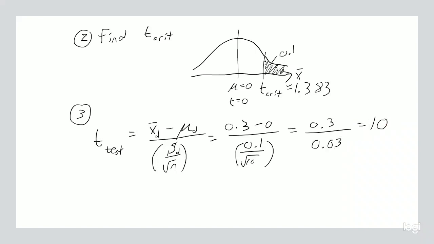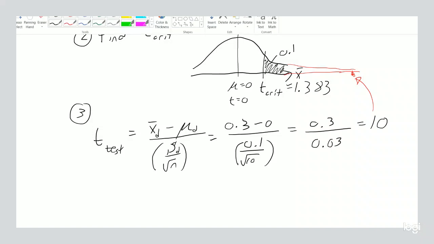So if you went for 3 decimal places, you might have a slightly different number. But in any case, you're going to have a number, if you did it right, that is much, much bigger than that cutoff value, than that critical value. So we are in the rejection region, so we're definitely rejecting our null hypothesis.